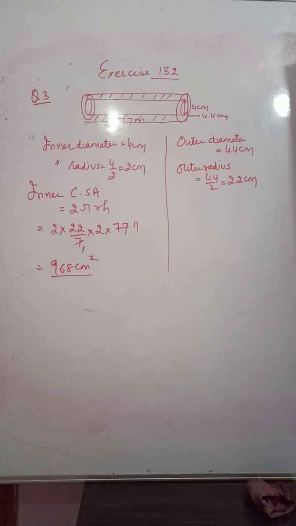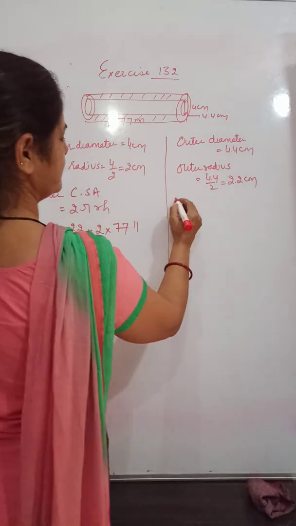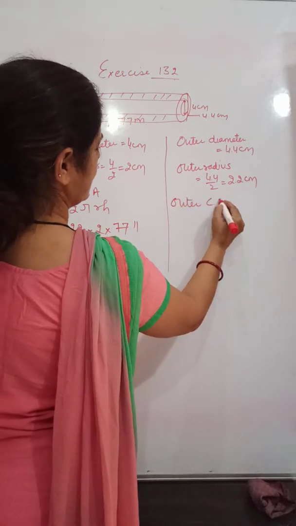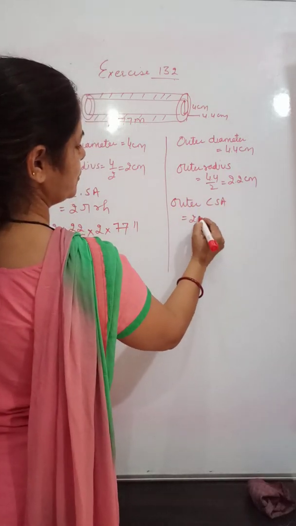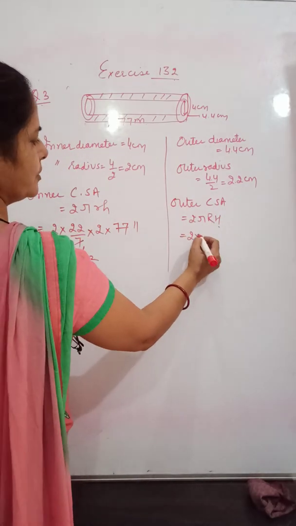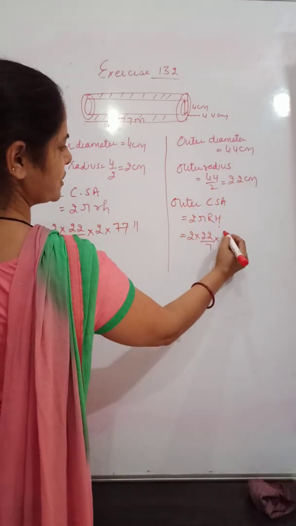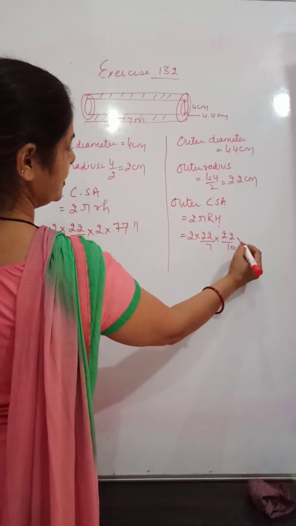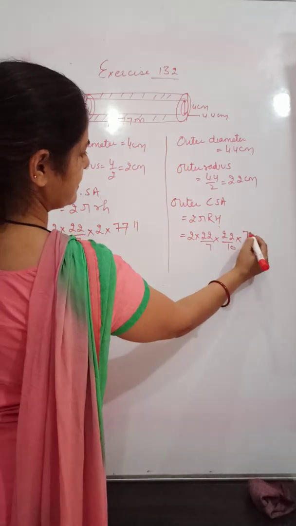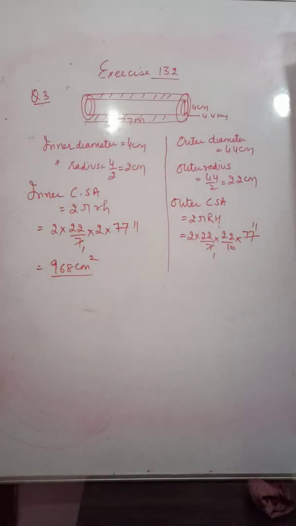Clear? Now let's find the outer curved surface area. So the outer curved surface area will be again 2 pi capital R capital H. 2 pi is 22 upon 7. Now here radius is 22 upon 10. H is 77, the same. 7 ones are 7, 11 sevens are 77. You will multiply it all, and what answer will we be getting?